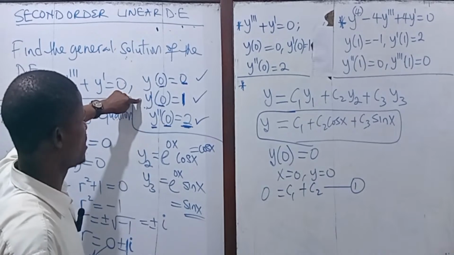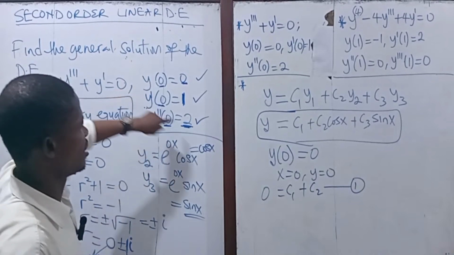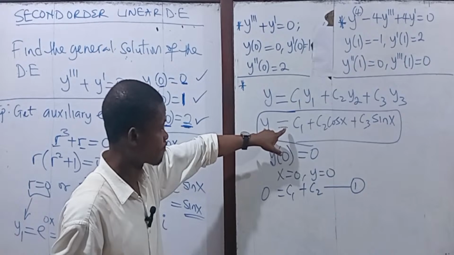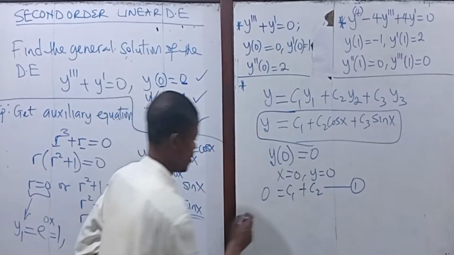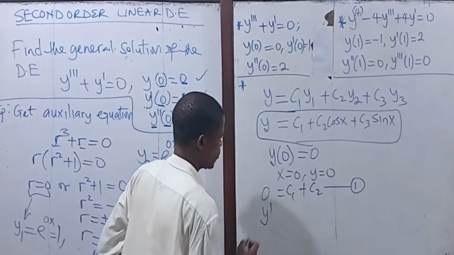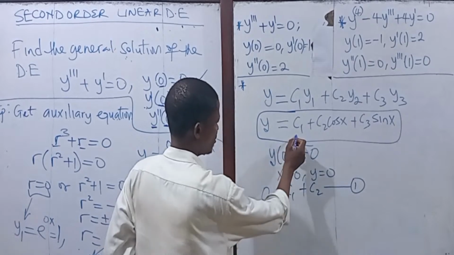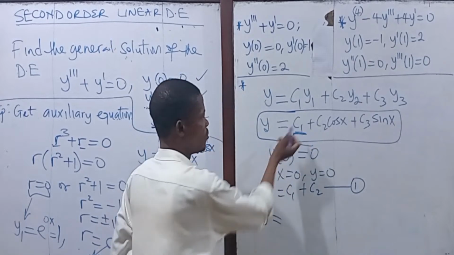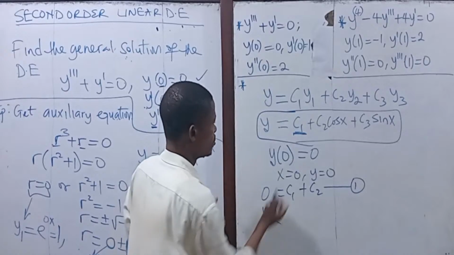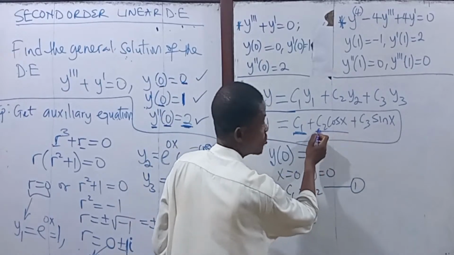Then let's now go to the first differential. Differentiate your general solution, y prime equals. C1 is a constant, there's no variable there, so that's 0. Then C2 is a constant.